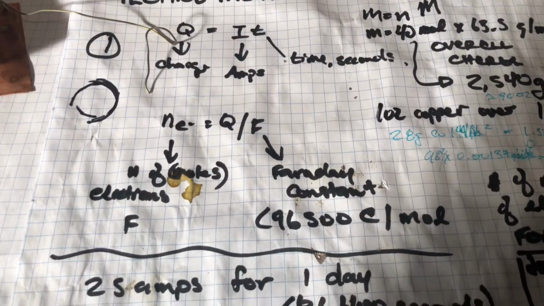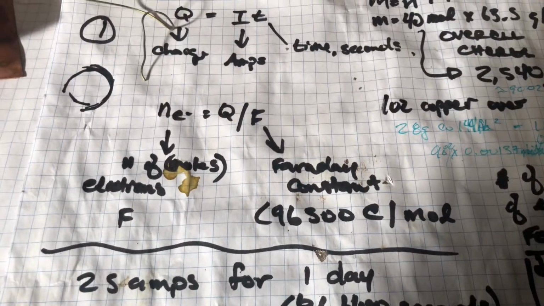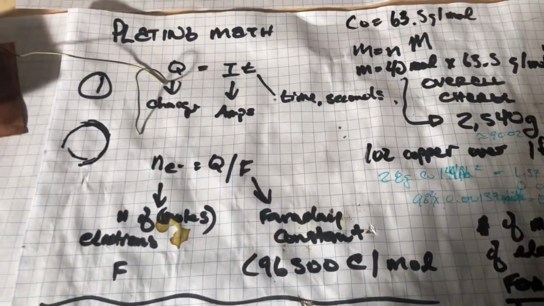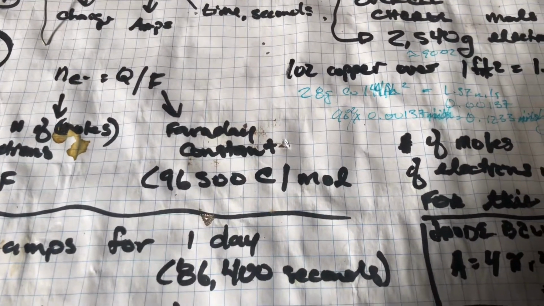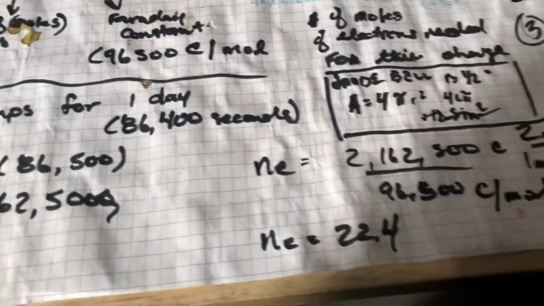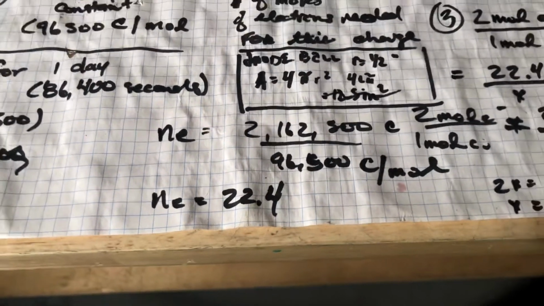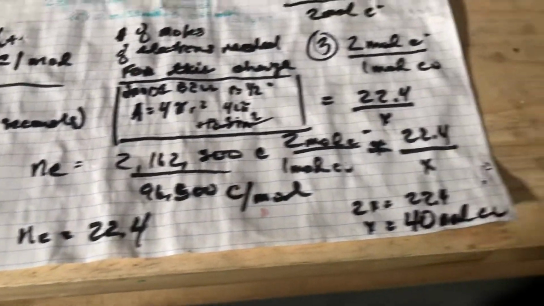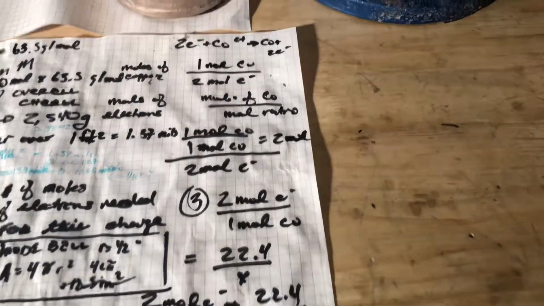Second step is to calculate the number of moles of electrons. To do that, take the quantity calculated in the first step divided by Faraday's constant, 96,500 coulombs per mole. That yields a result of 22.4 moles. So now, using stoichiometry, determine the number of moles of copper.